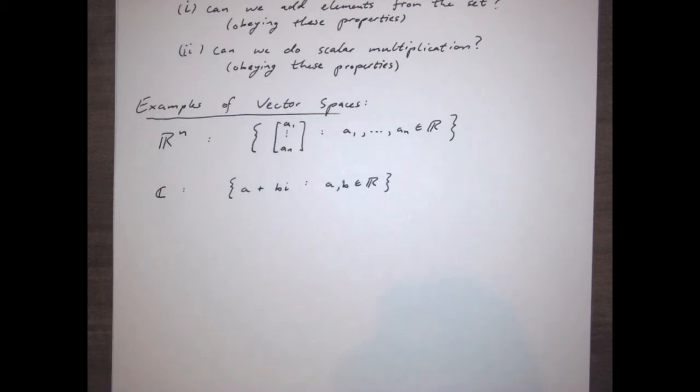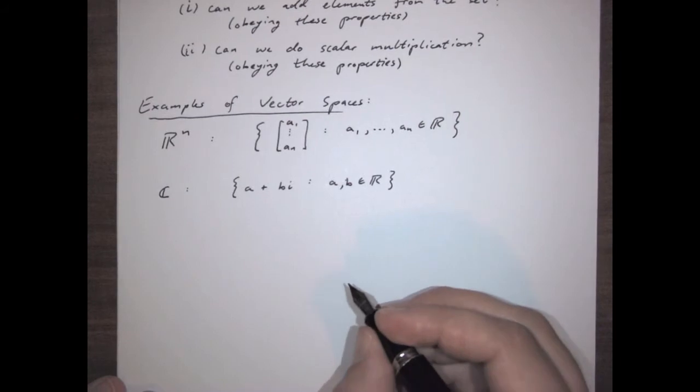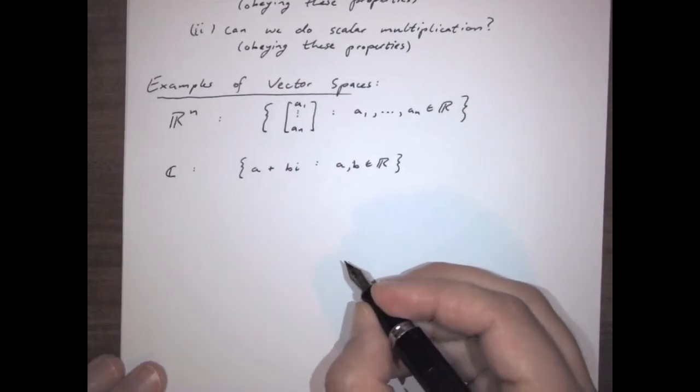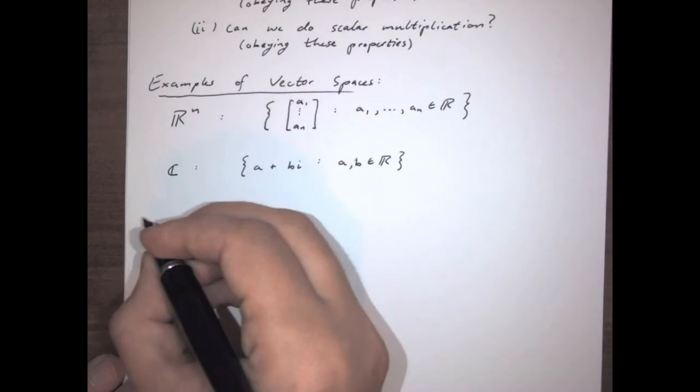You can add together two complex numbers, the result will be a complex number. You can multiply a complex number by any real number, and the result will be another complex number. The addition and the multiplication are all completely in conformity with these 10 rules, and there's nothing weird about it. I mean, it's a little weird to be talking about imaginary numbers in there, but no property would be failed. There is a 0, and that 0 is the number 0. So that's in there too.